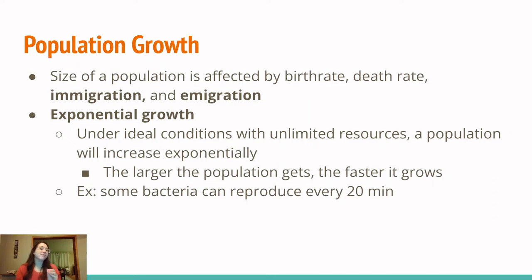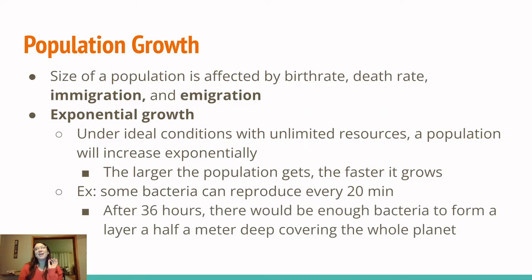So if these bacteria somehow had unlimited food, unlimited space, the right temperature, everything was perfect for them to keep reproducing, after about 36 hours, so a day and a half, there'd be enough bacteria to form a layer that covers the entire surface of Earth by about 1/2 meter, which is about 1.5 feet deep. And think about it, bacteria you can't see. Bacteria are all around you, you can't see them. So to be big enough to cover 1.5 feet around the entire world is a lot of bacteria. This is exponential growth.